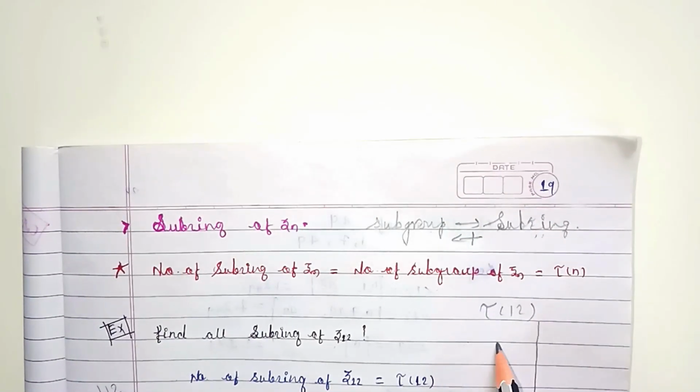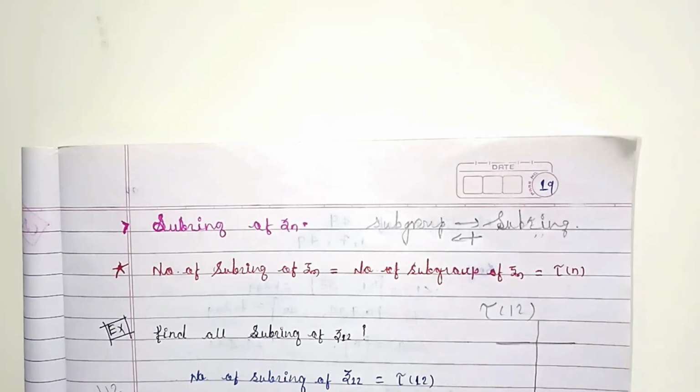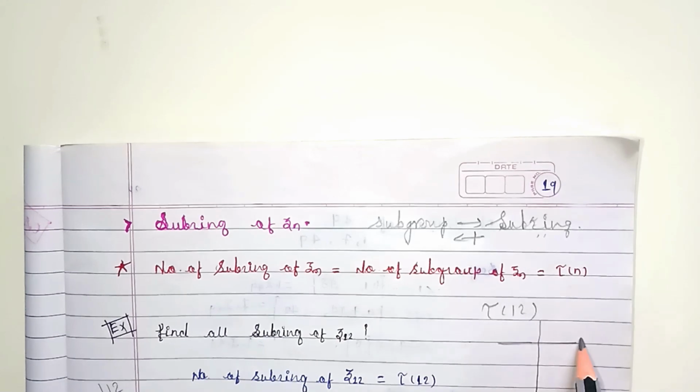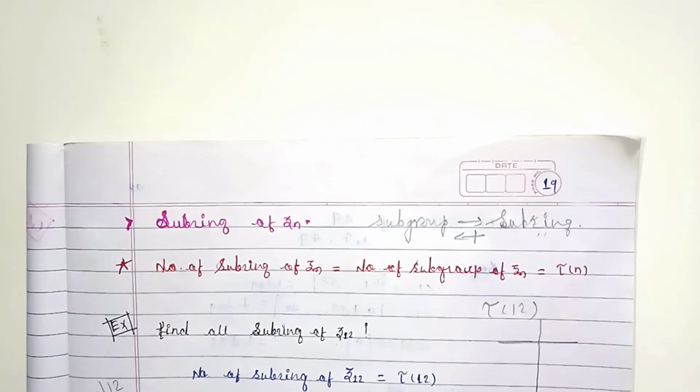To find tau 12, we use the Euler phi function. We already use the phi function for finding the values P1, P2. Similarly, we have to find E1, E2 by using the Euler phi function. If you don't know how to find the subgroup, subring, tau n, sigma n, or the Euler phi function, you may check my previous videos.